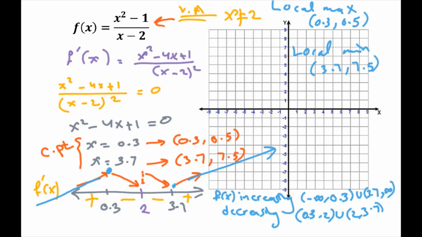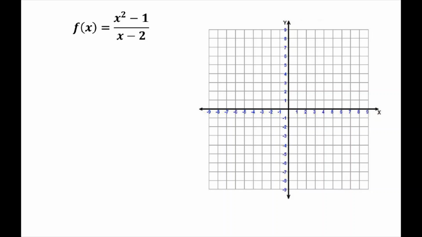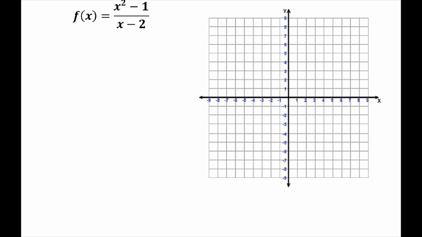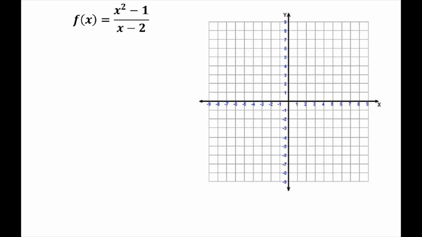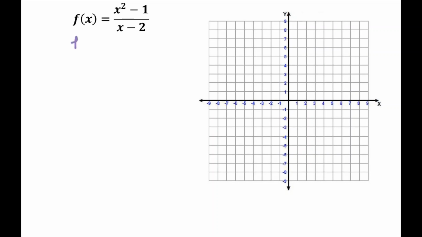Now let's move on to f double prime. If you calculate f double prime, you will get 6 over (x minus 2) cubed. You can do it yourself, and then make it equal to 0. So 6 over (x minus 2) cubed equal to 0.